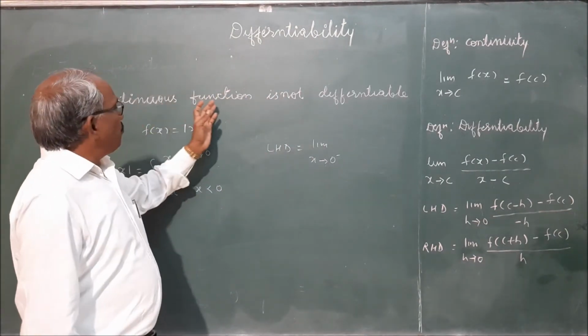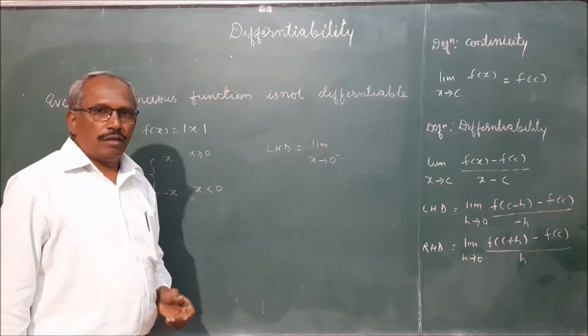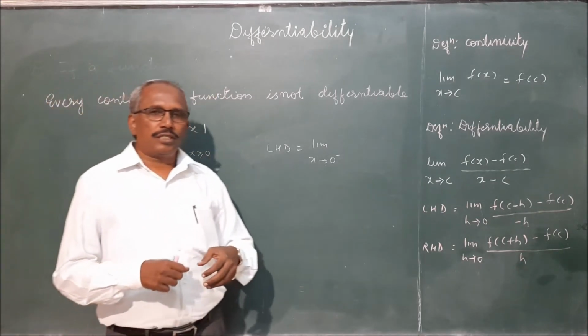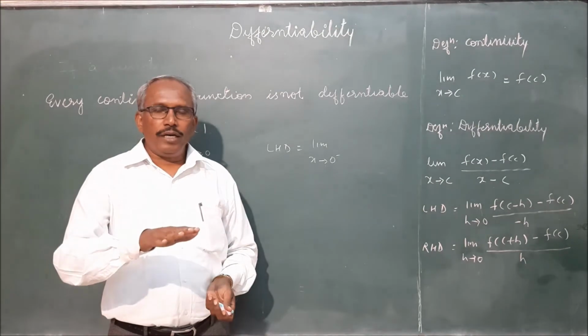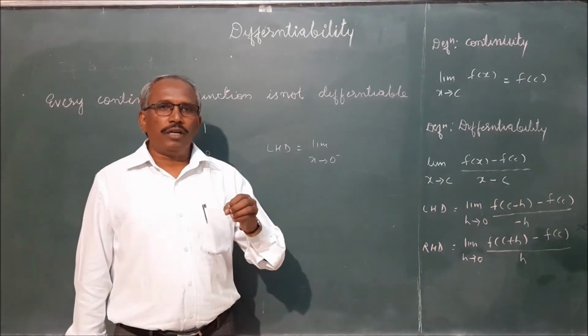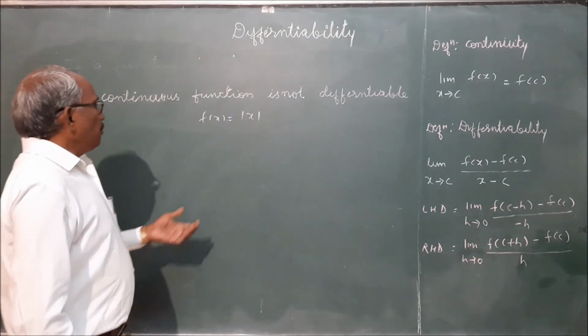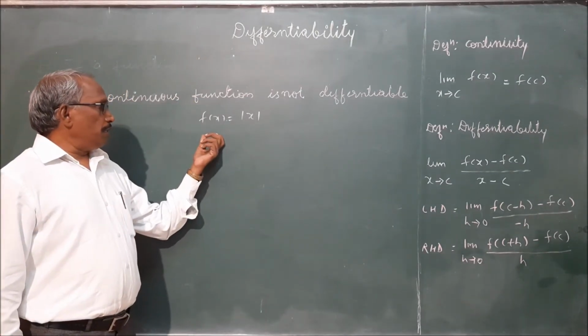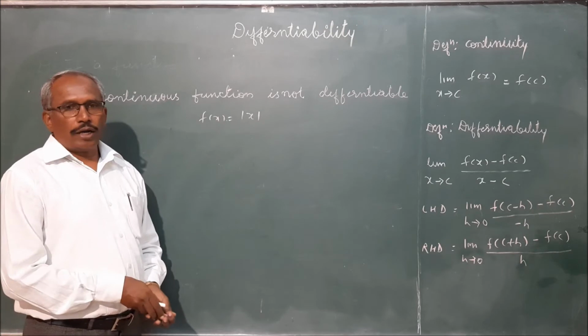Let's see one more important property. Every continuous function is not differentiable. Given that a function is continuous, it may or may not be differentiable. So we will take one example. Here we will check the continuity of the function f(x) equal to mod x.